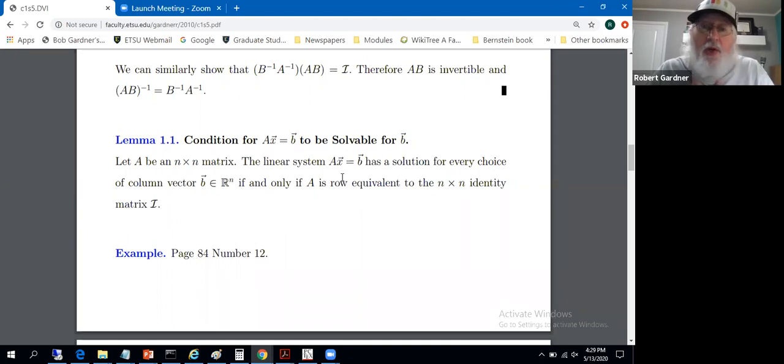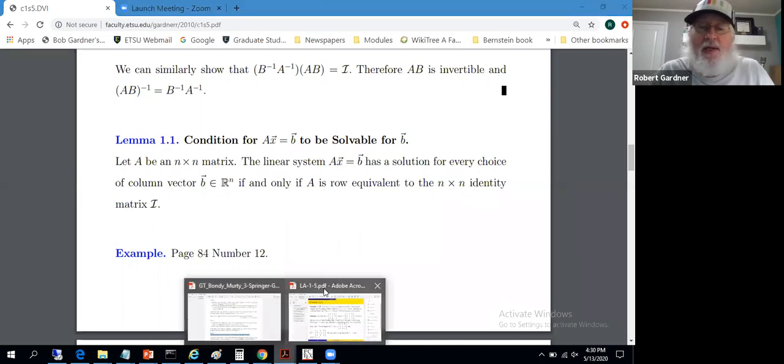That's going to work if A is row equivalent to the n by n identity matrix. And you'll be able just to read off the values of x1, x2 after you've done the reduction in the corresponding system of equations. So the correctness of this shouldn't be a surprise. Let's go through the proof nonetheless.